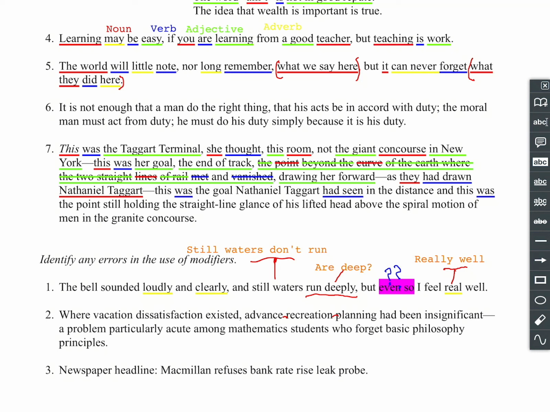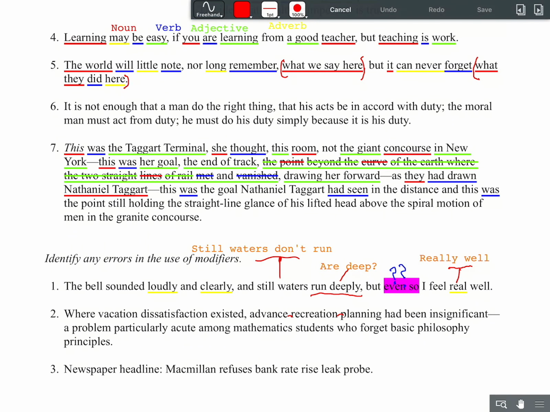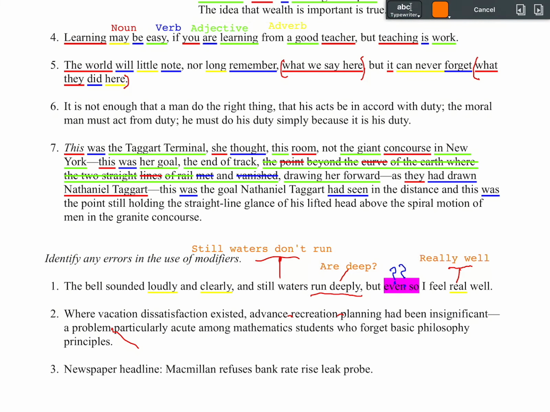A problem particularly acute among mathematics students who forget basic philosophy principles. So this needs to be like a problem that is particularly acute, is my first thought. Save. ABC.